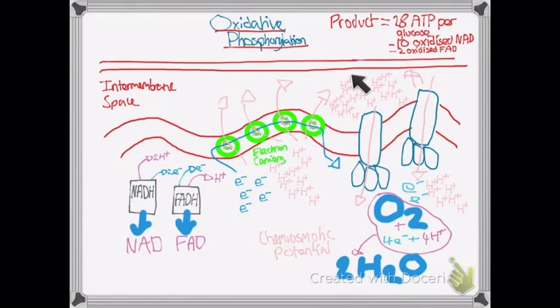As protons pass down their concentration gradient through ATP synthase molecules, they cause a conformational change in the shape of the ATP synthase enzyme, allowing ADP and phosphate to combine, which I didn't really illustrate here, which is the most important thing. After all of this, ADP and phosphate becomes ATP.